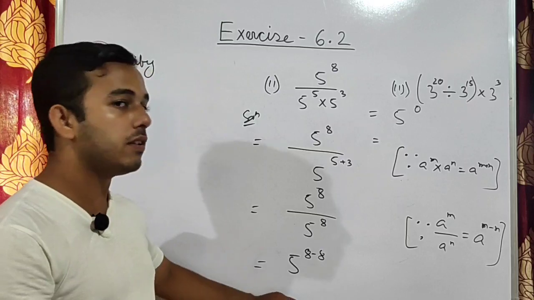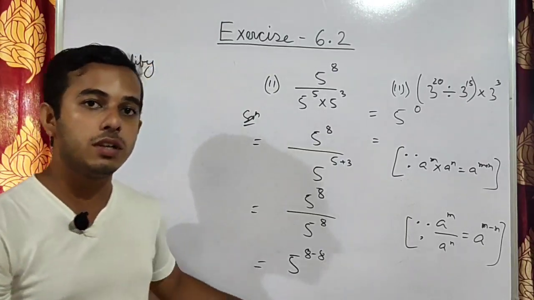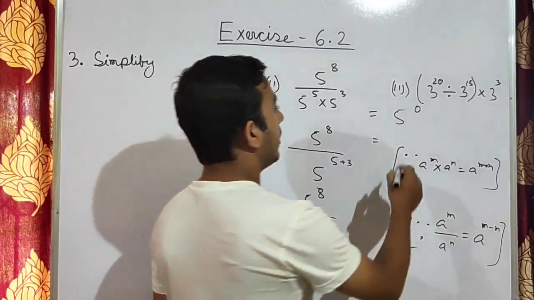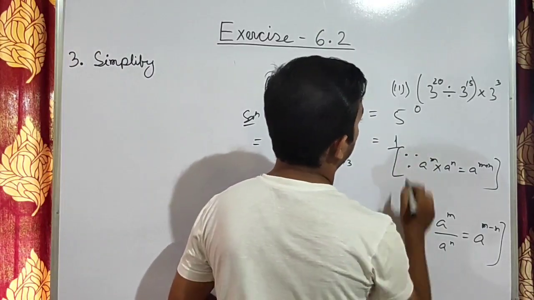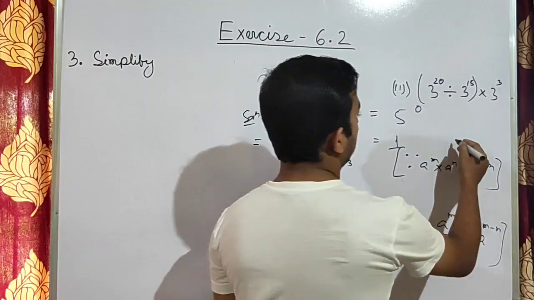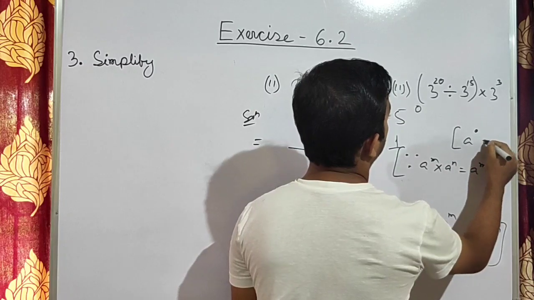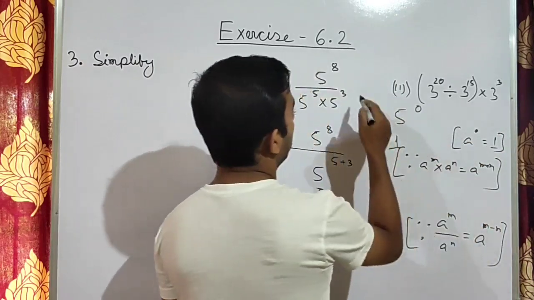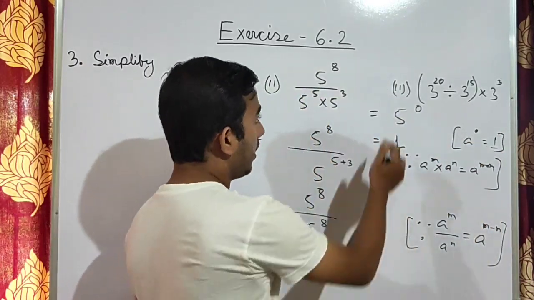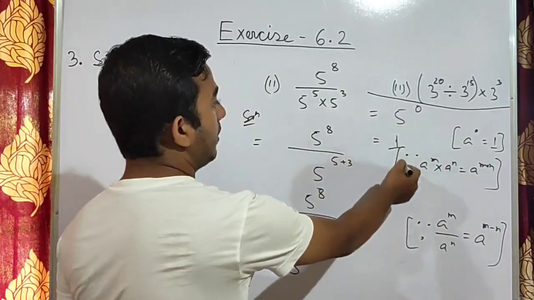If any number has its power 0, that means its value is 1. Clear? It is 1 because we have one formula also, right? That is a to the power 0 equals 1. Clear? Okay. So I have started from here, and this was another question, and we have ended there.